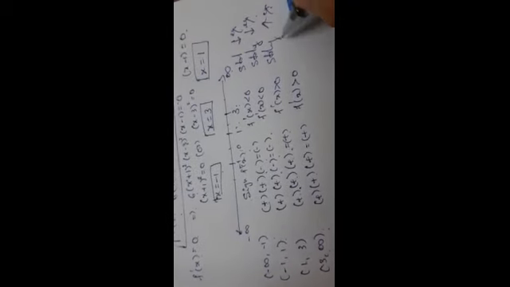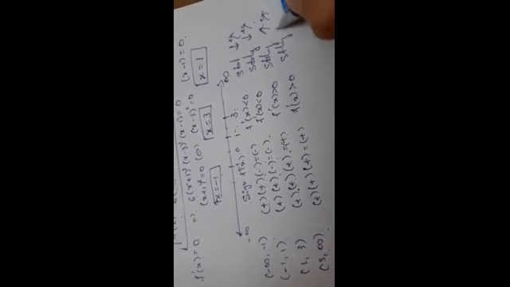Similarly, 3 to infinity. The first two factors are positive. Whatever the value from 3, say 4, then 4 minus 1 is also positive. So all are positive, which means the sign of f dash of x is positive, so f dash of x is greater than 0. It is greater than 0, which means the function is strictly increasing.